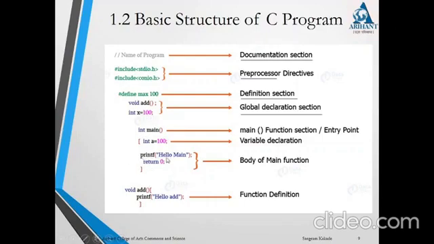We won't be able to use the printf function if we haven't included this preprocessor tag, because printf is written in the stdio.h header file. So whenever you want to use any functionality written in another library, you must include that library or directive, and then you can use the functionality.